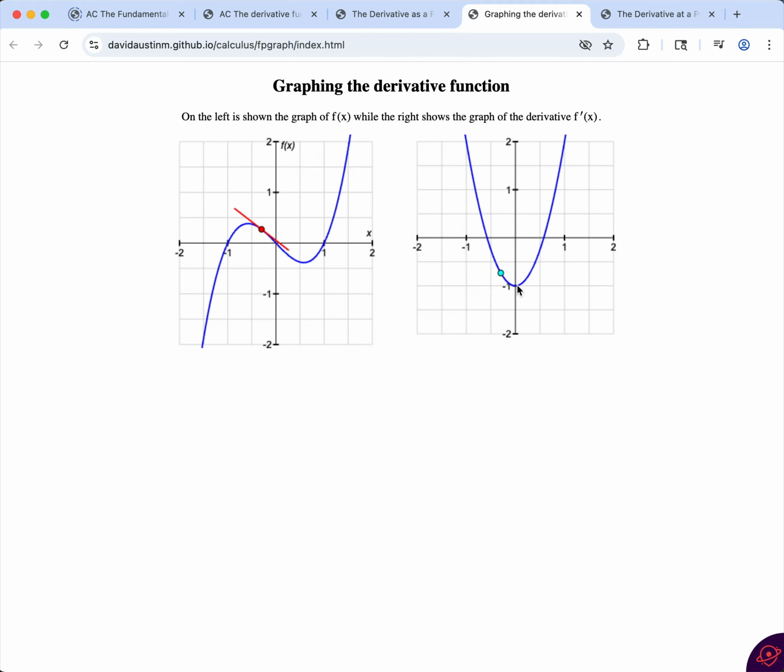Then it went down to a negative value, and that's kind of where the curvature changed from curving down to curving up. And then it went back to 0 slope, and then it got more positive and kept getting more and more positive. So bigger and bigger positive numbers. Okay?